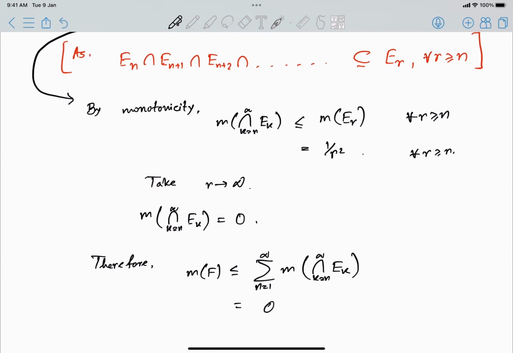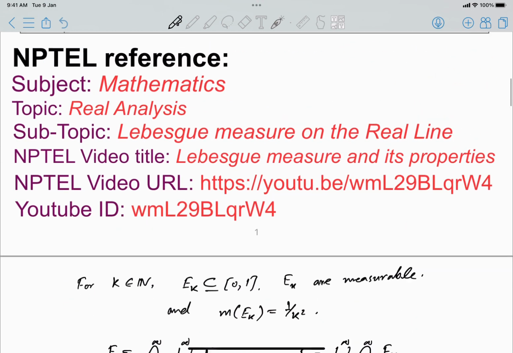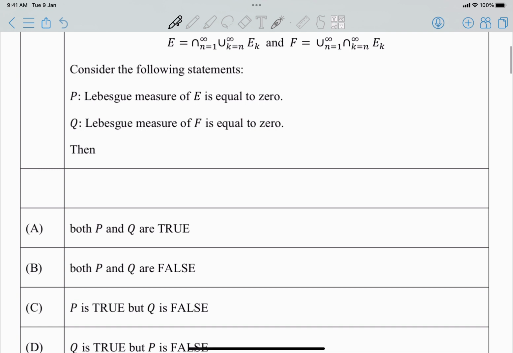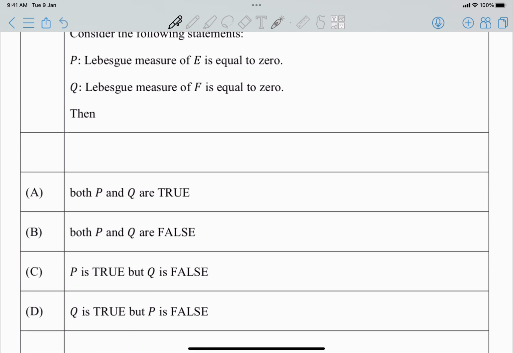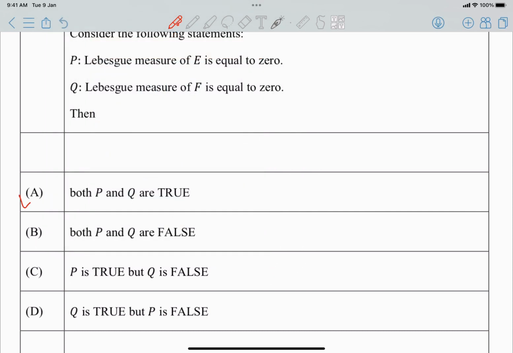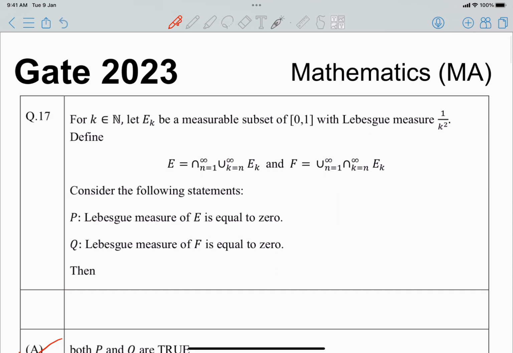So what we have got, F also has measure 0. So therefore, what is this option Q? Lebesgue measure of F is equal to 0. So here both the options are correct. Both P and Q are true and both have Lebesgue measure 0. So option number A is correct. Okay.